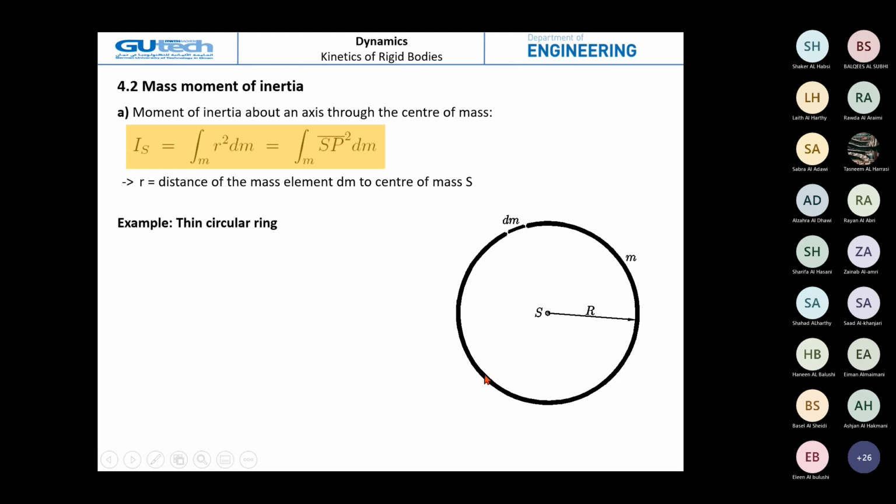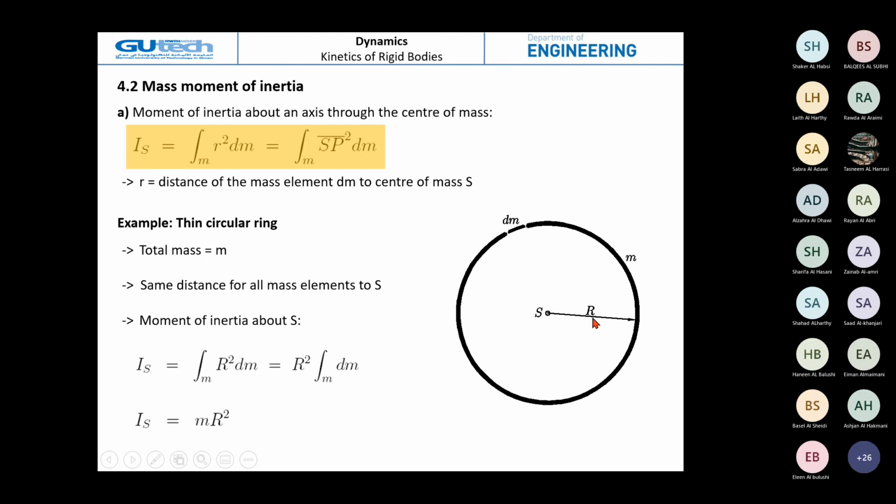We have the whole mass m, and this is geometrically represented by the radius r. If we take the moment of inertia about S, the distance between the infinitesimal dm and S, SP, will be only the radius r.